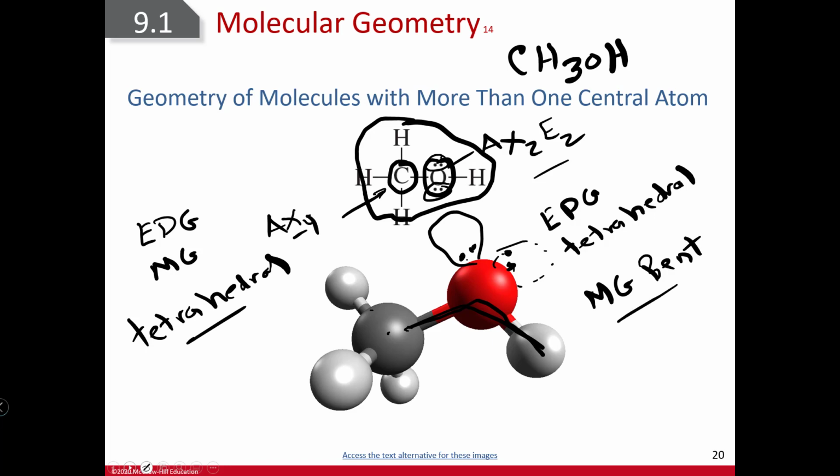And you go, so what? Well, based off what you write here or here, the electron domain geometry and molecular geometry are the same, tetrahedral, then you're able to draw this. You're able to show the three-dimensional characteristic. And then this one you said it's bent, so that's why we just see this being bent right here.